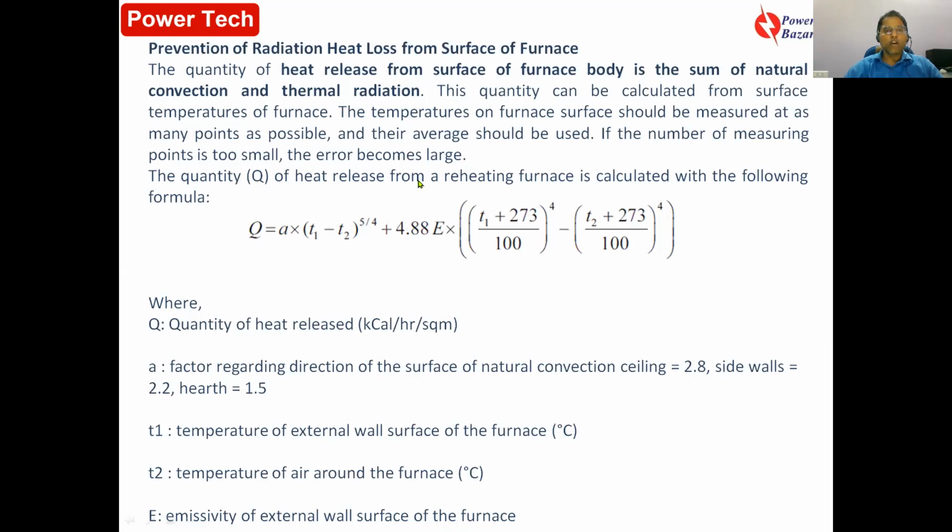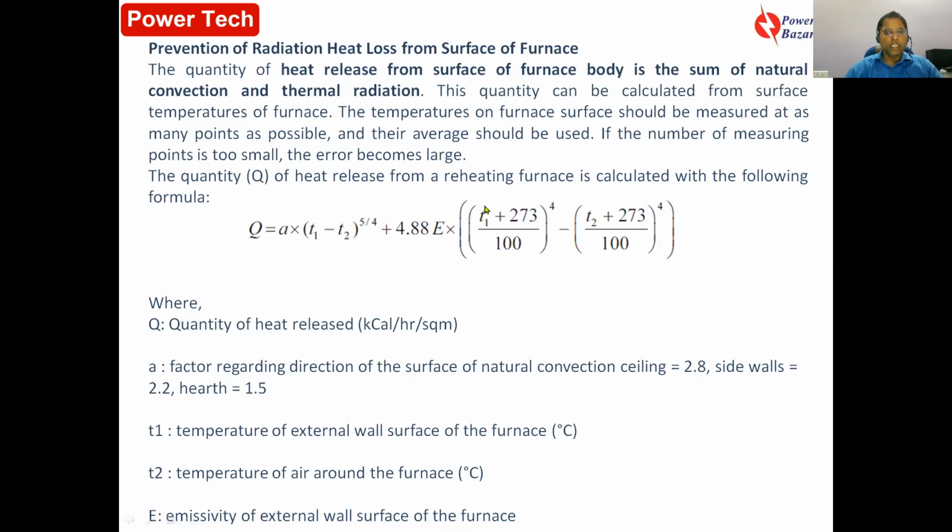Now, what is the total loss? The total loss in the reheating furnace can be calculated by adding the convection loss and radiation loss. So what is the formula? Q, the total heat release from a reheating furnace, is equal to A, basically a factor, times (T1 minus T2) to the power 5/4, plus 4.88 E, the emissivity factor of the external wall, times [((T1 plus 273)/100) to the power 4 minus ((T2 plus 273)/100) to the power 4].